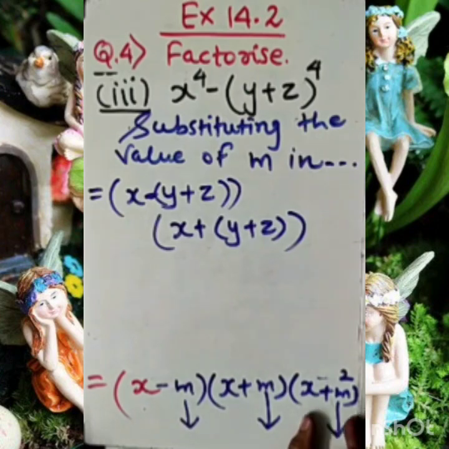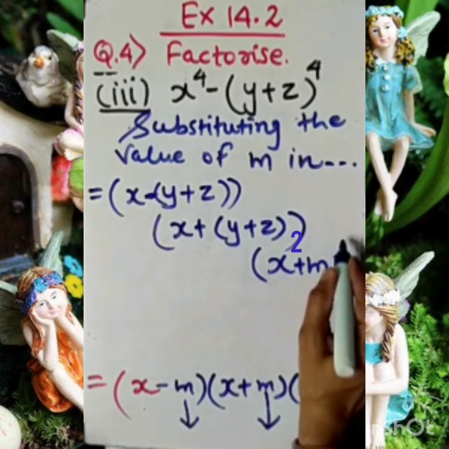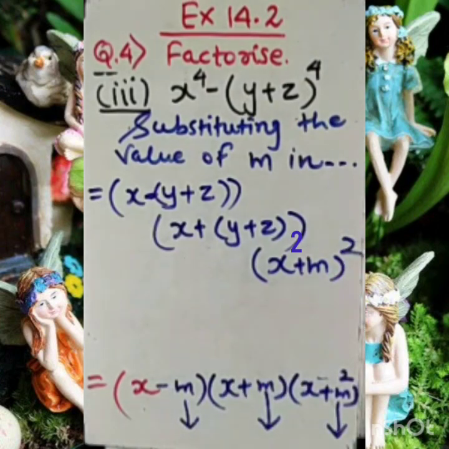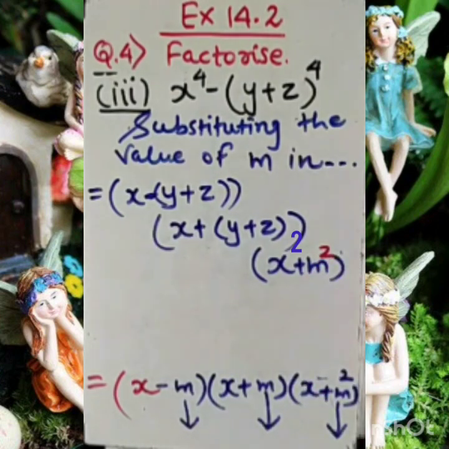And third we are given is x square plus m. I am correcting, sorry, it's my mistake. This is x square plus m, not a whole square. Okay. Now let's simplify. This is quite easy.